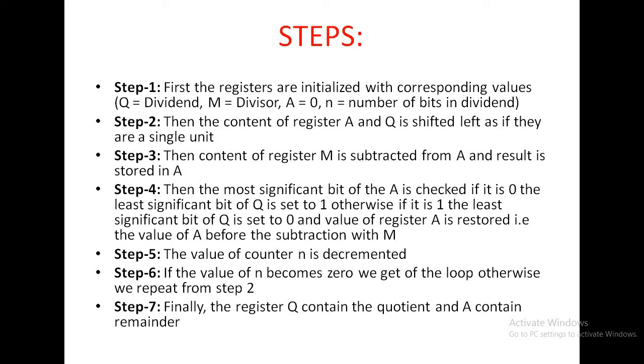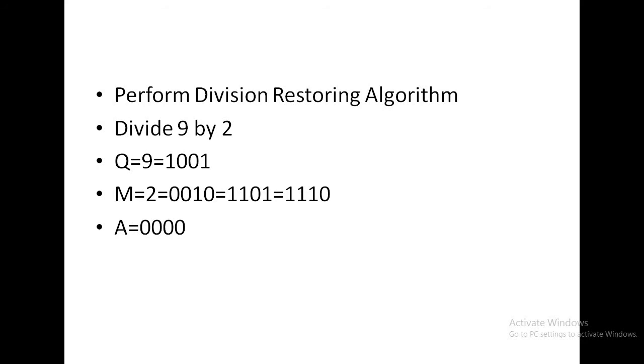Okay. So let us start one small example. Perform division using the restoring division method, 9 divided by 2. So first, I tell you that 9 is my dividend and 2 is my divisor.